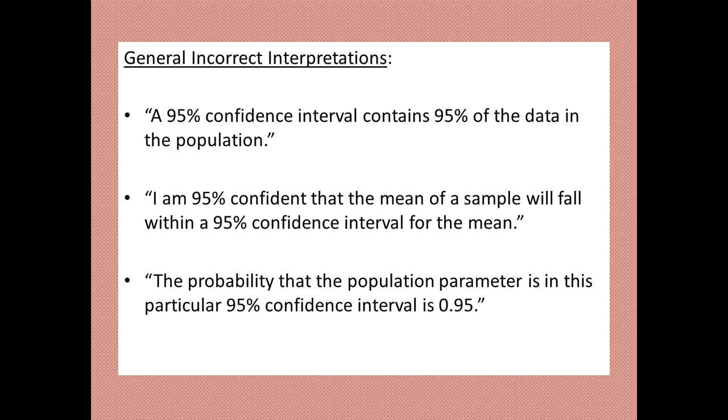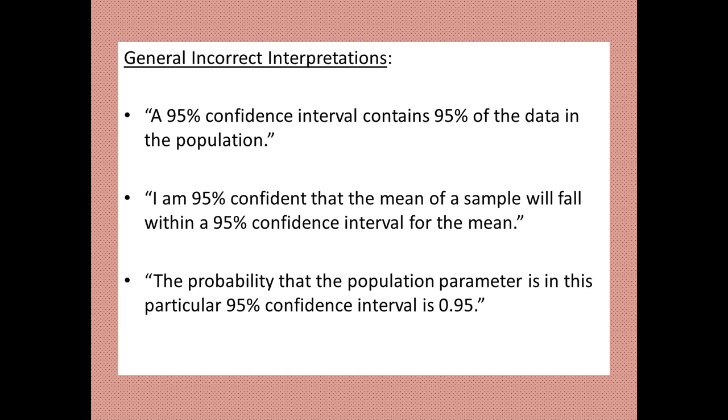The third bullet point, what's wrong with that is that it relates to probability. We haven't talked about probability yet at all, but there's a reason why this is wrong, which is that probability applies specifically to variables, and the parameter is not a variable, because if you go back about halfway through the section 3.2 notes, the parameter is a fixed quantity. And something that's a fixed quantity is not a variable.